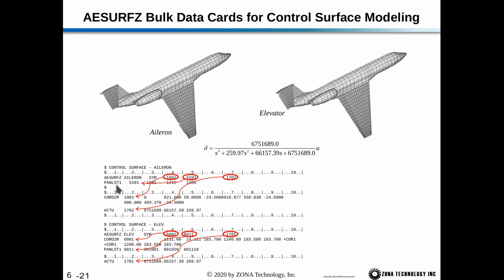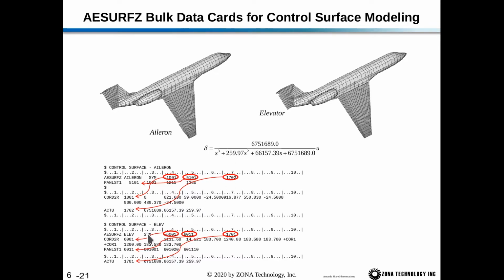So we use the pan-LST1 card, which is the easiest for defining a control surface. So that just specifies this box ID and this box ID, and then we get this square rectangle of boxes here to define the aileron. And then lastly, the actuator. You can see that this number here, the A0 is here, A1 is here, and then A2 is here.